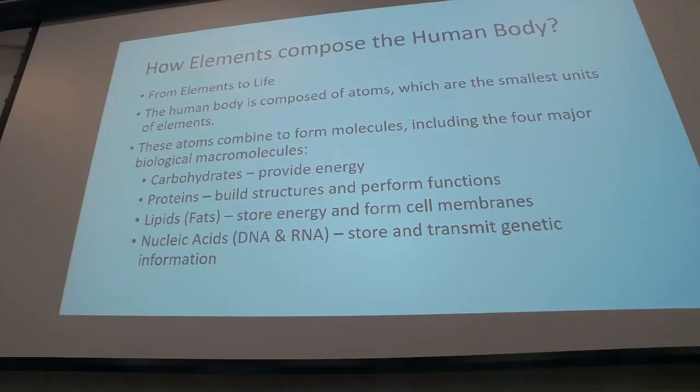Our neurons, our muscle cells, our cells in general, but especially our neurons, they like glucose a lot. Glucose is an easily breakable chemical structure that can provide energy so our cells will function. Glucose is part of the carbohydrates.